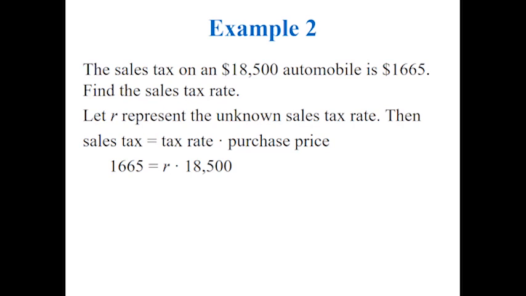The purchase price is $18,500. We want to solve the equation 1665 equals R times 18,500 for R. But take a look at this form. Did we need to remember sales tax equals tax rate times purchase price? That was an easy way to do it.